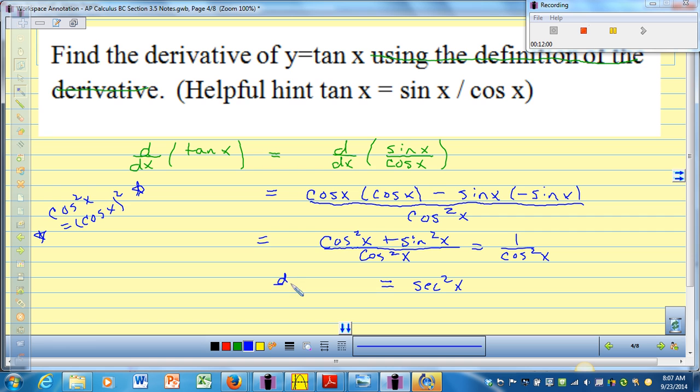So the derivative of tangent is secant squared x. All right, so we've learned 3 of them so far. Derivative of sine is, what is it? Cosine x. Derivative of cosine is negative sine x, and derivative of tangent, secant squared. Okay.